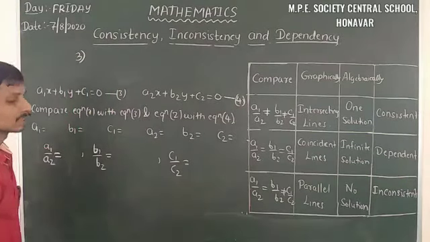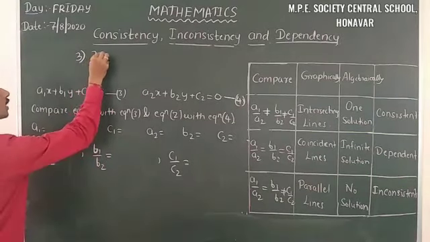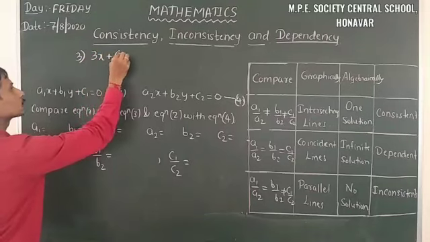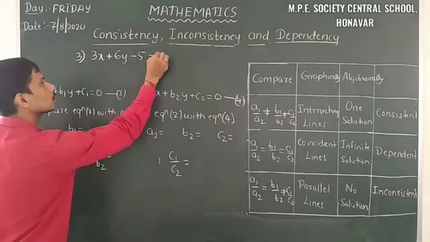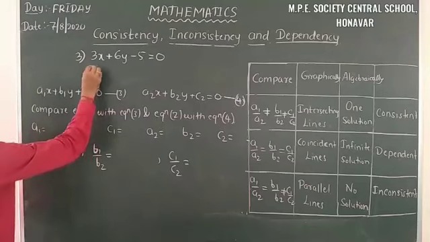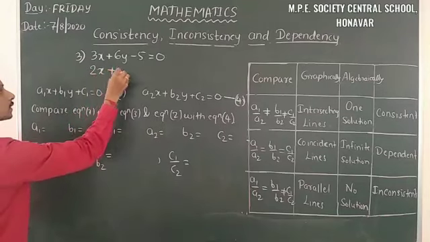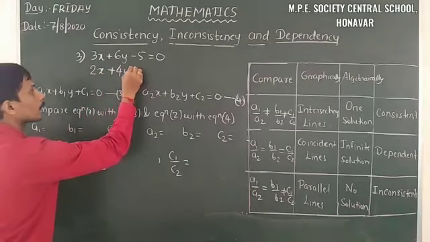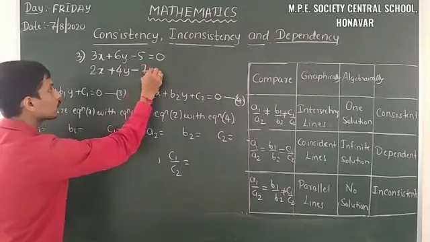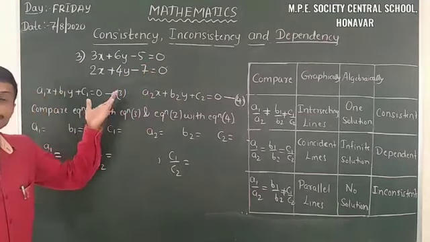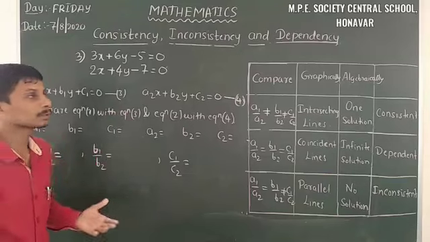Third equation is 3x plus 6y is equal to 5. 3x plus 6y minus 5 is equal to 0. And then 2x plus 4y minus 7 is equal to 0. So here we have to take the same procedure.